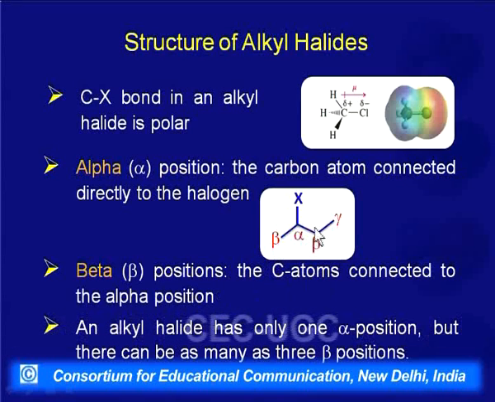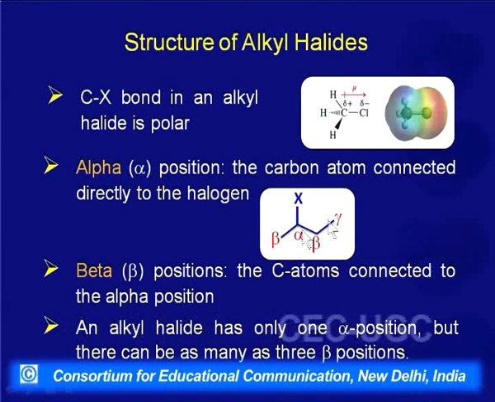As you can see in this structure, this alpha carbon is attached to another carbon which we name the beta carbon, and on the other side of this alpha carbon is another beta carbon. Of course, as we move further, we call them gamma, delta, and so on and so forth.